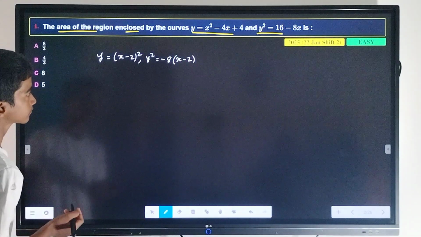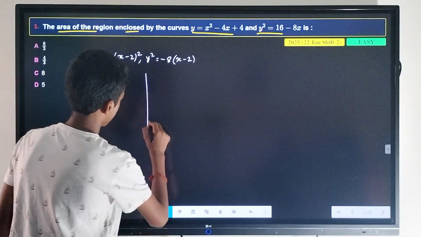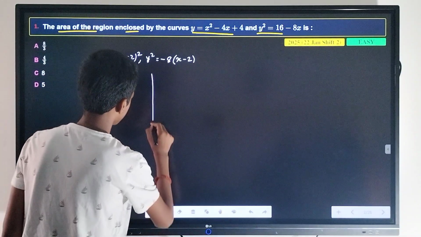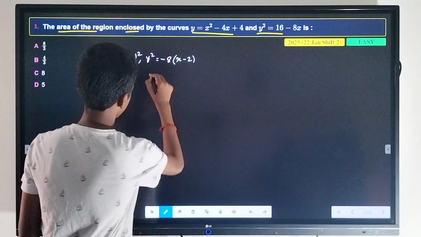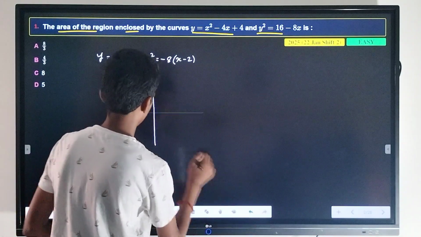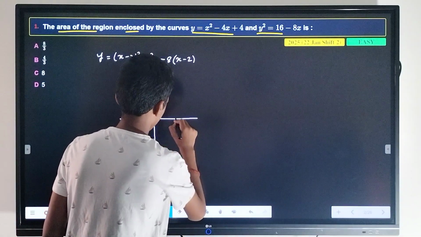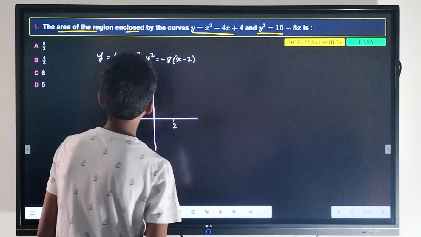Now let's plot these two graphs. Here is our coordinate axis. Let's say this is our point. Here we have our point 2.